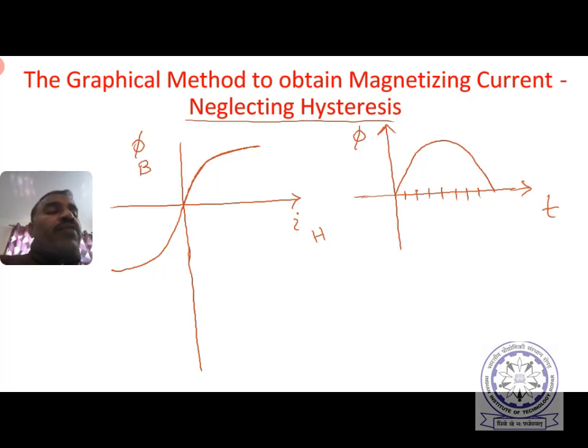Now we know the phi waveform, which is lagging the voltage waveform by 90 degrees, and from this phi with respect to t, we have to obtain I with respect to t. Means for a sinusoidal flux in the transformer, what is the nature of the magnetization current? That is what we are going to find out. The magnetization current follows the hysteresis characteristics. Therefore, we have to use the hysteresis characteristics to obtain the magnetization current.